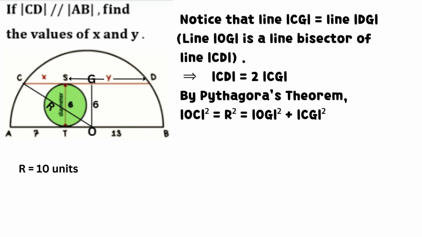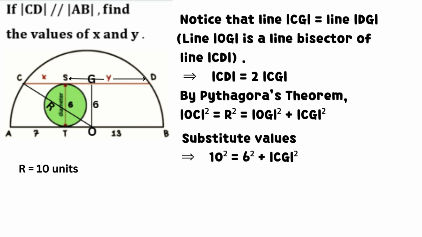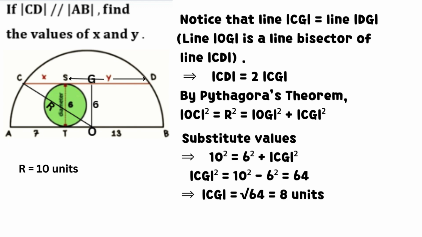By Pythagoras' theorem, the square of line OC equals the square of R, which equals the sum of the square of line OG and the square of line CG. Substitute values. We have that the square of 10 equals the sum of the square of 6 and the square of line CG.